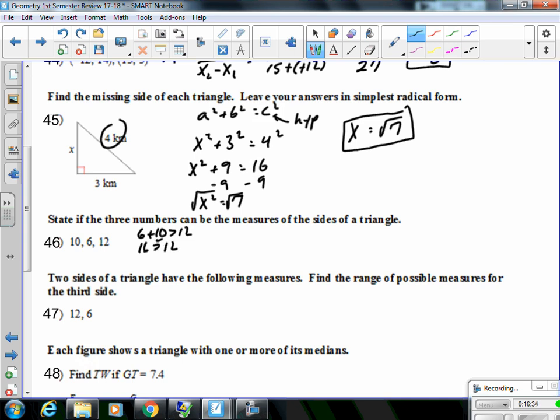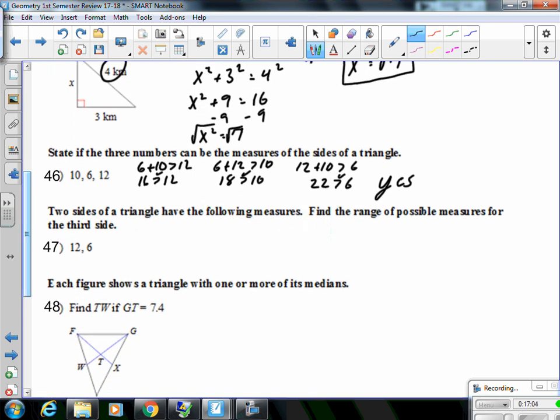And that should work for every other combination since those were the two smallest sides, but we can check it. 6 plus 12 would have to be greater than 10, which 18 is definitely greater than 10. So that works. And 12 plus 10 would have to be greater than 6, which 22 is definitely greater than 6. So yes, that could be a triangle.